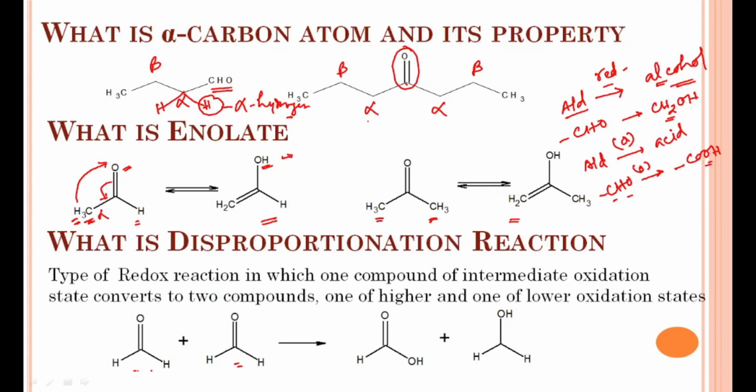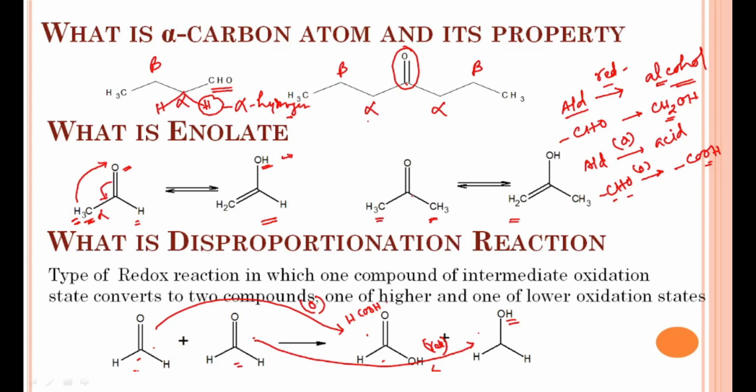So this aldehyde group is converted to an acid, HCOOH. This is oxidation. And this compound, the aldehyde, is giving an alcohol. That is the reduction. So in the same reaction, one molecule is getting oxidized and another molecule is getting reduced. This type of reaction we call a disproportionation reaction.